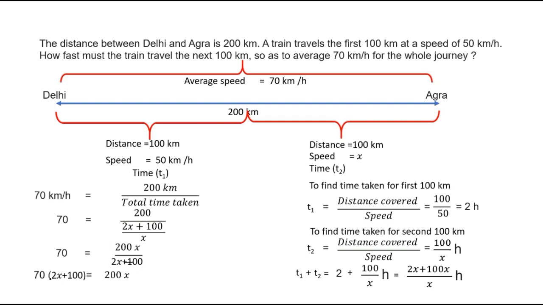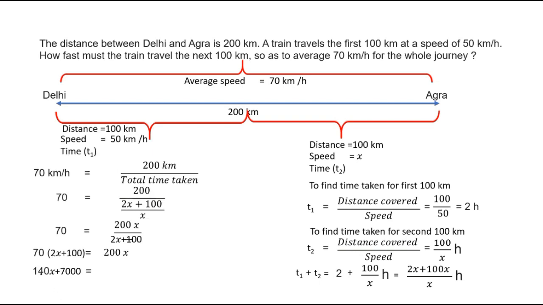Now again solve this equation. 70 into 2x is 140x. 70 into 100 is 7000. So we have expanded this, and it is equal to 200x. Now I'll keep 200x here and shift the 140x to this side, so both similar quantities come to one side.